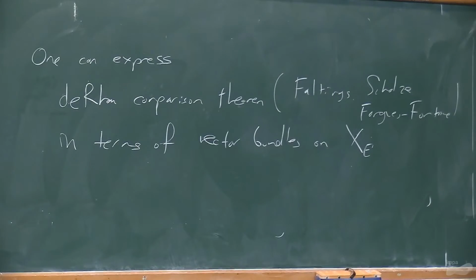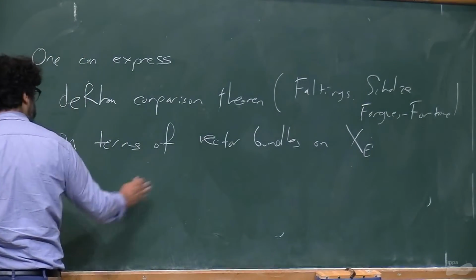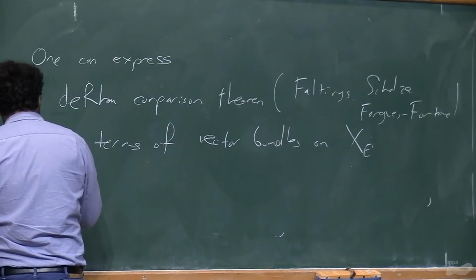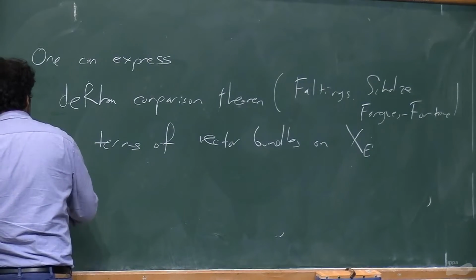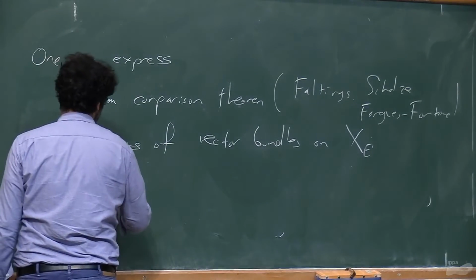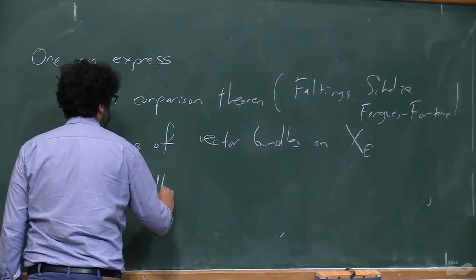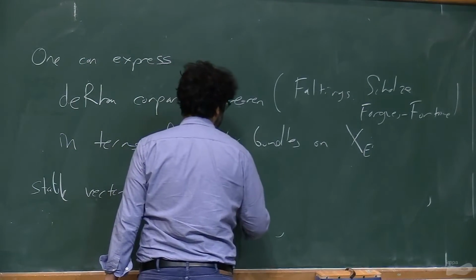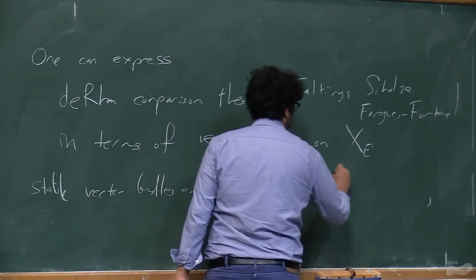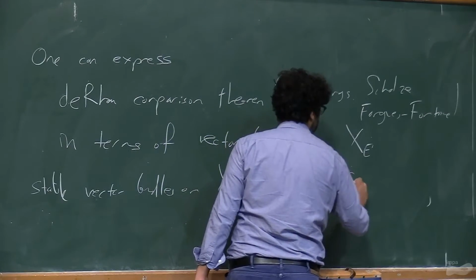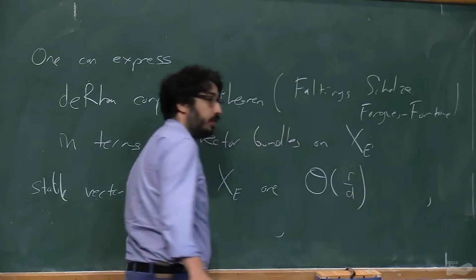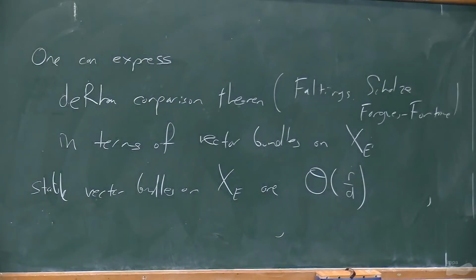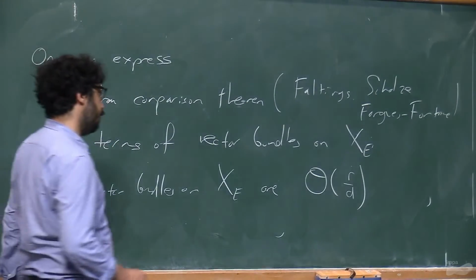There's a classification of vector bundles on this curve, and the semi-stable ones on X_E are of the form O of a rational number. Just like Grothendieck's theorem about vector bundles on P1, which are sums of O of an integer.